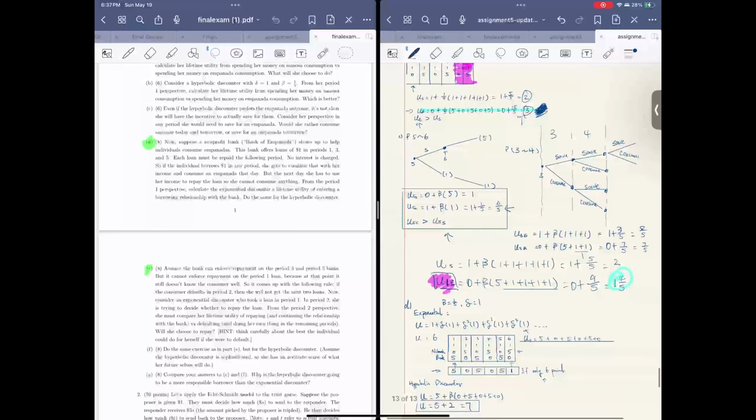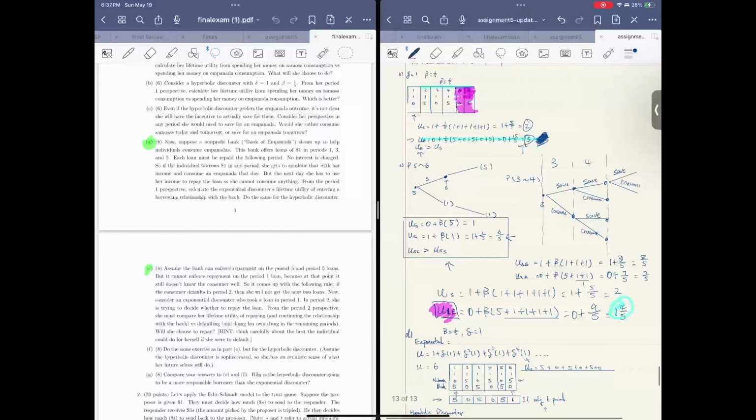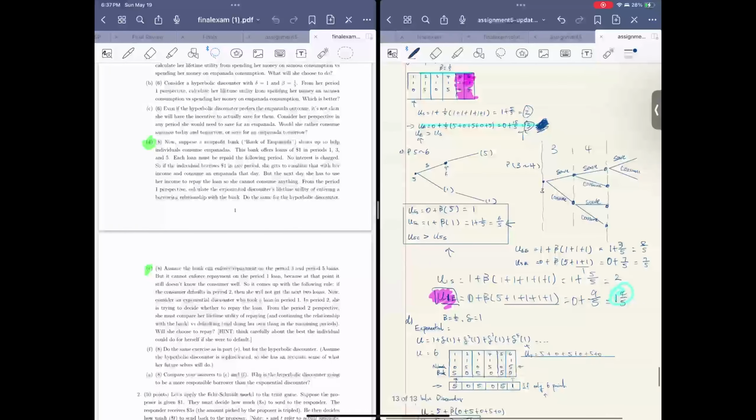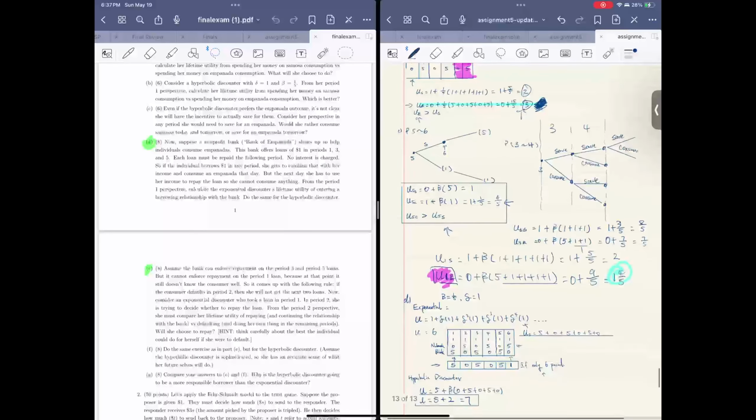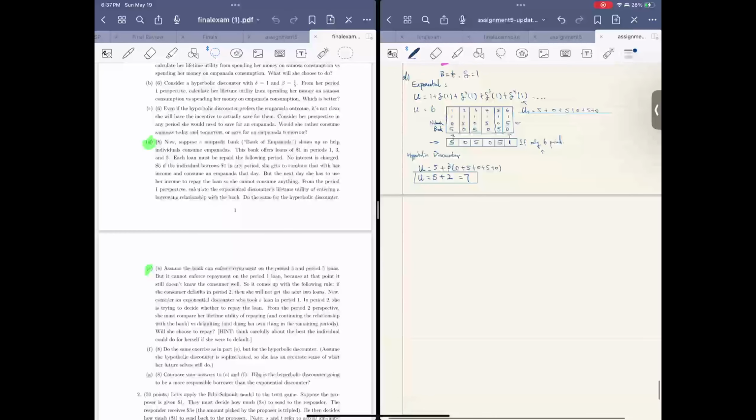Because this person has a really low beta, low beta means he has a very high discount on the future. So if he can consume now, he will rather consume now. Okay, that's good. Any question on D?